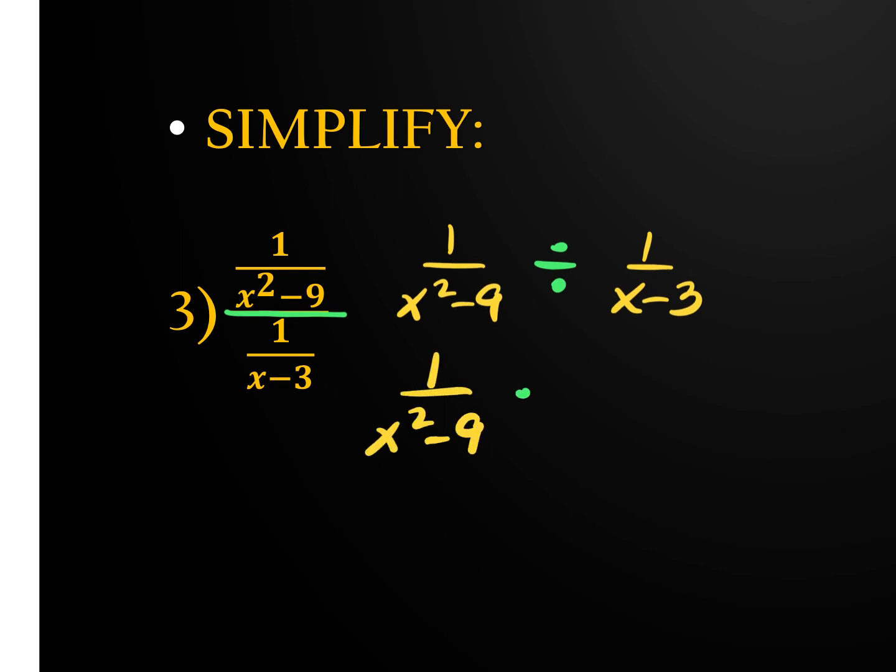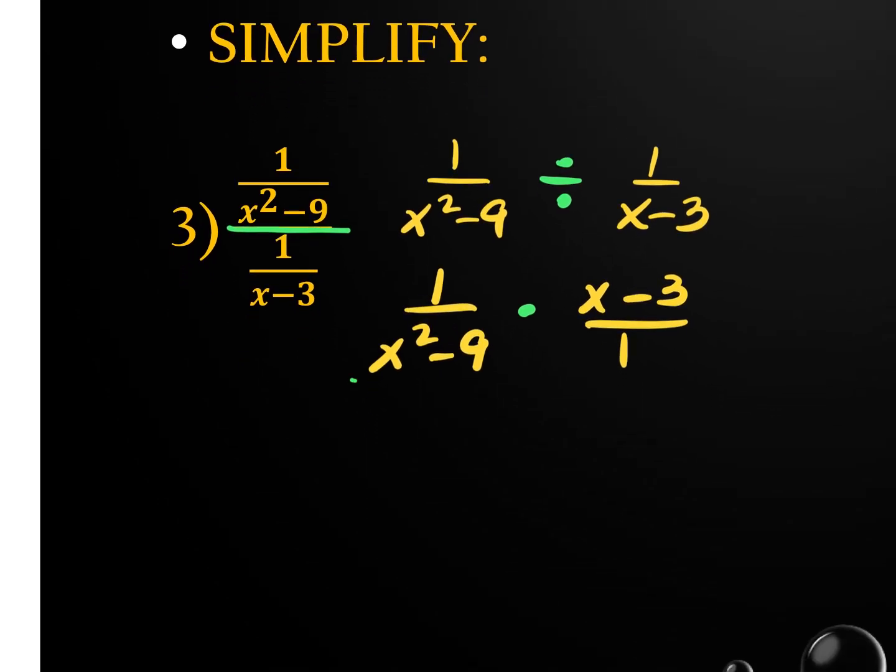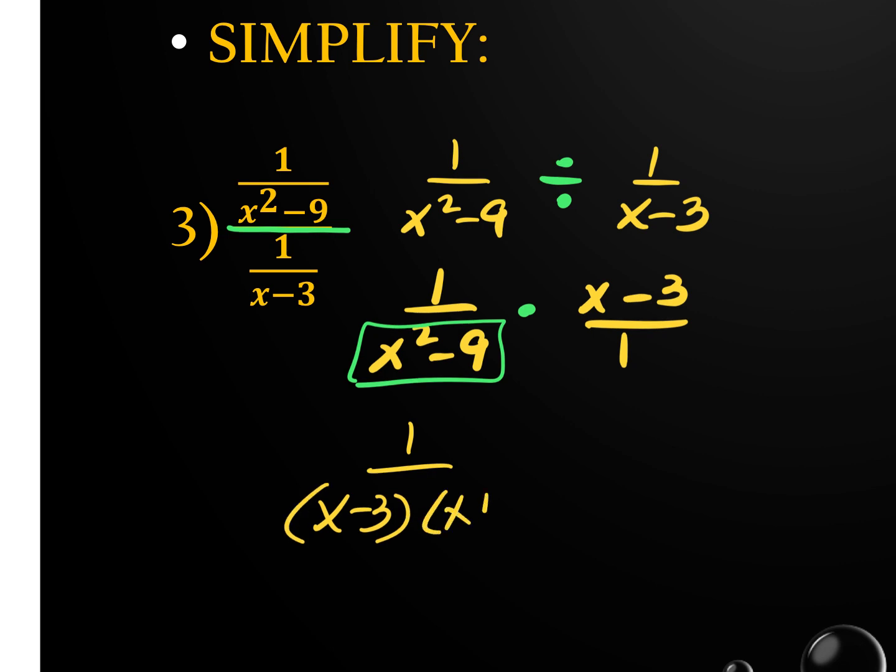Change it to multiplication. Flip my second fraction upside down. Now I have to go back and look. Can I factor anything? I can factor this denominator here. This is the difference of two squares. So 1 over x minus 3 and x plus 3.